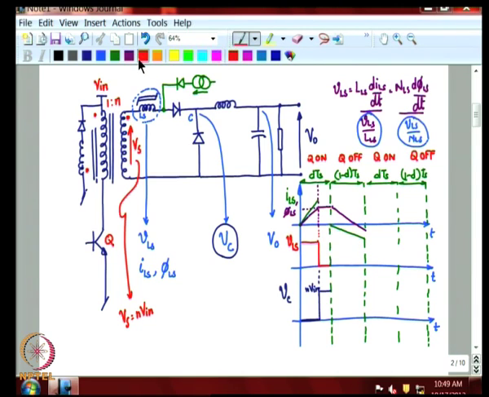Now, because the flux and the current are negative, the rates are negative, you have a voltage which is negative from Faraday's equation. Let us draw that. So, this goes negative.